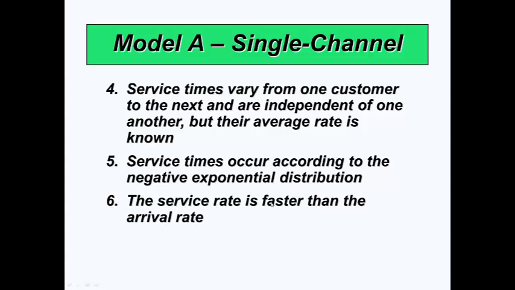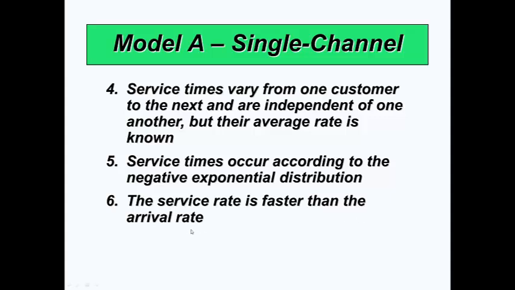Because, like I said, it is a memoryless arrival and a memoryless service, which means even though you can serve 30 per hour, it doesn't mean everybody is going to take 2 minutes. There may be some who may take 1 minute, some who may take 2 minutes, and there may be a small number who may take 5 minutes.